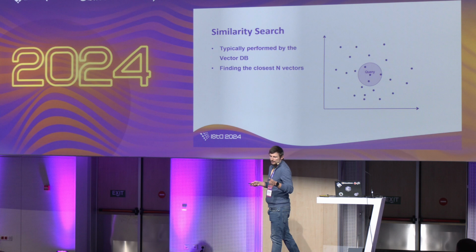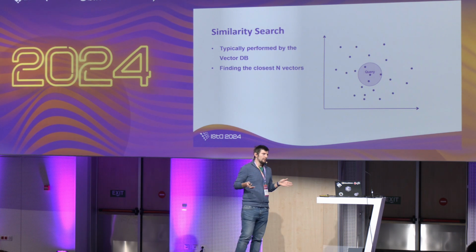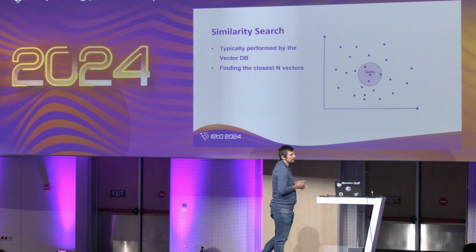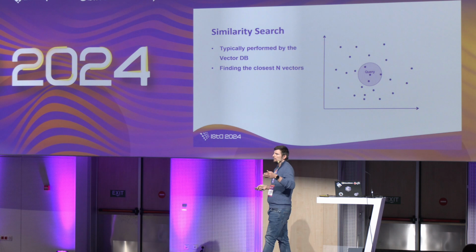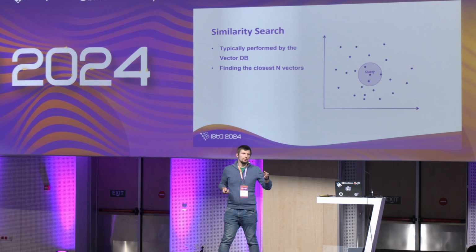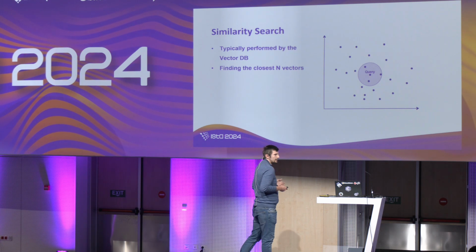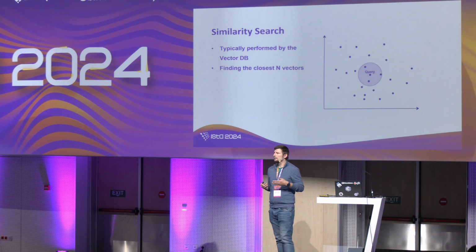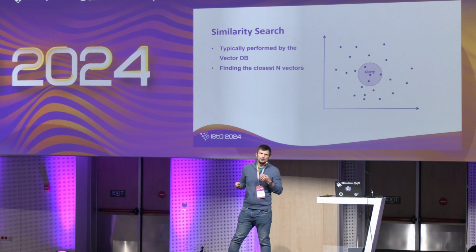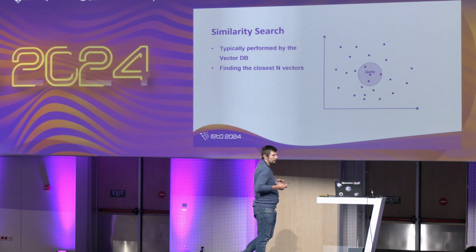And by the way, we have all of these steps until now that are actually preparation for our workflow. They are done typically before we are running the actual query of the user. But the similarity search is the last step, and it is done when we are requesting answers and when we are running the workflow.